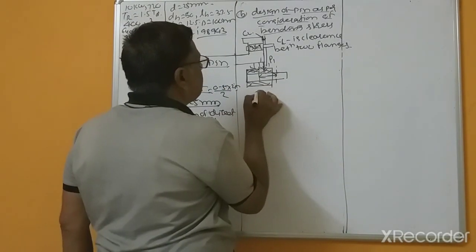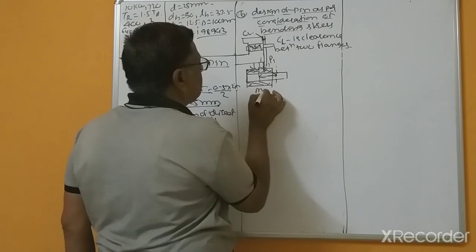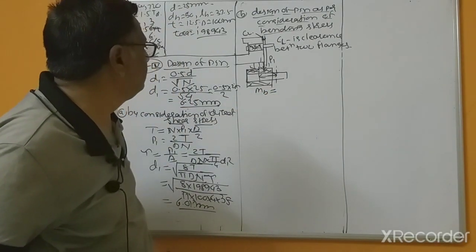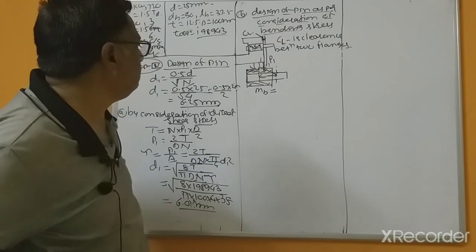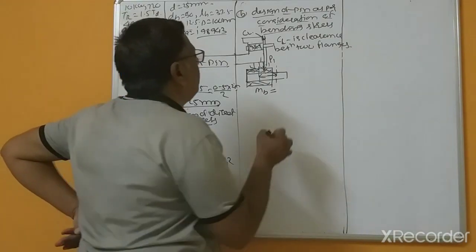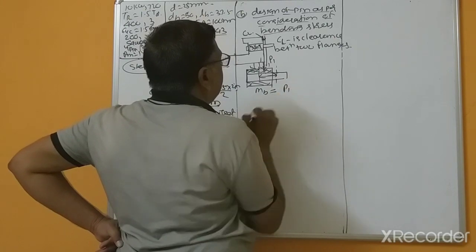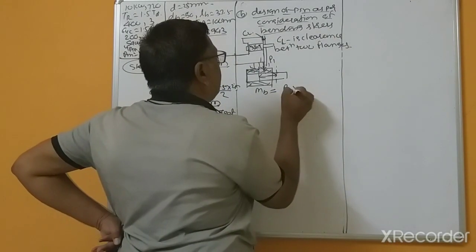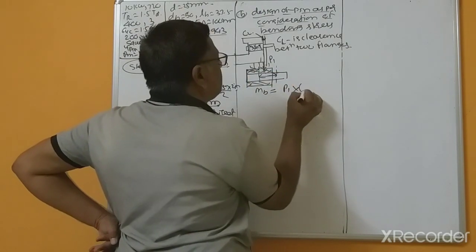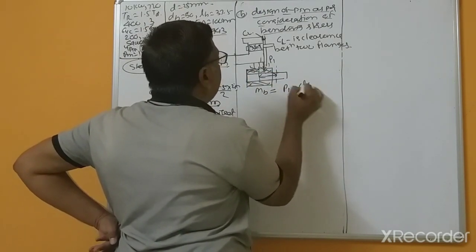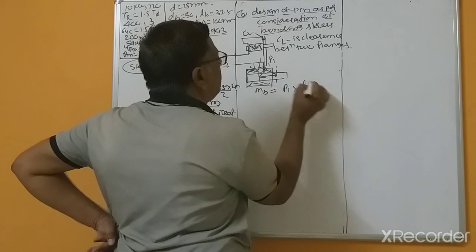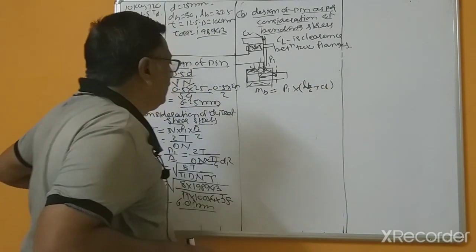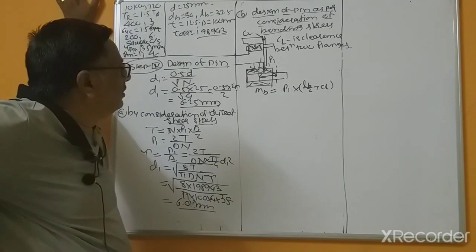So that's why here bending stress equal to, what is the formula? Bending stress equal to force, P1 is the force acting, multiplied by half length of the bush plus CL, right?